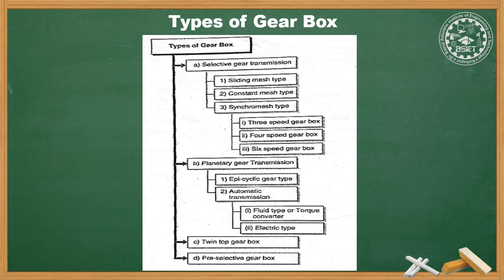The automatic transmission system is again classified into two types, fluid coupling or torque converter, and second is electric type. The third is twin top gearbox, and last is pre-selective gearbox. Out of these types of gearbox, we are going to learn constant mesh gearbox, synchro mesh gearbox, planetary or epicyclic gearbox, as well as fluid coupling and torque converter.